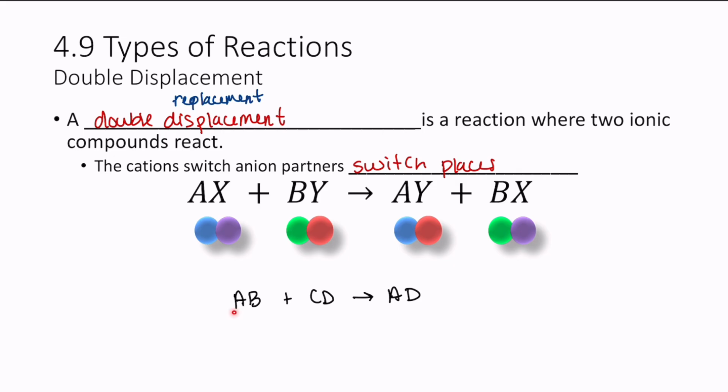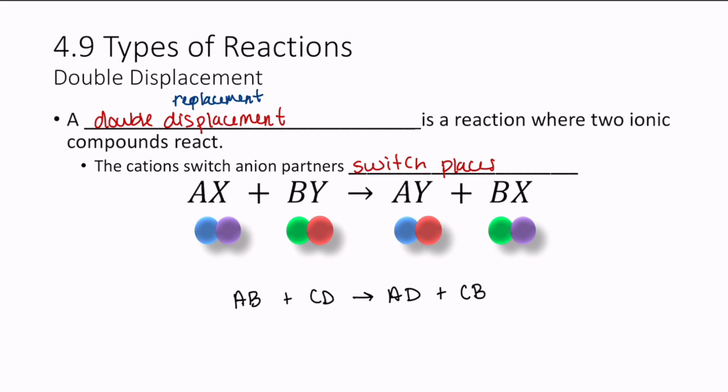Well, that's because if these are ionic compounds, the cations are given first. And I can't have two cations bond together, they won't be attracted to each other. So the anions are listed second. So I have to put A with D so that I have a cation with an anion. So we'll get AD plus CB.